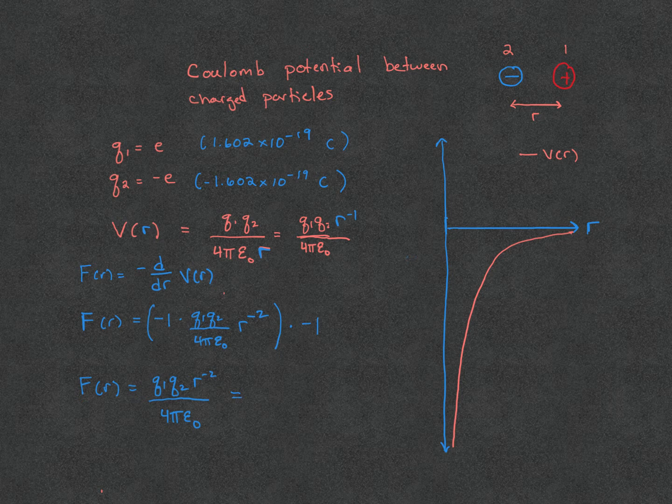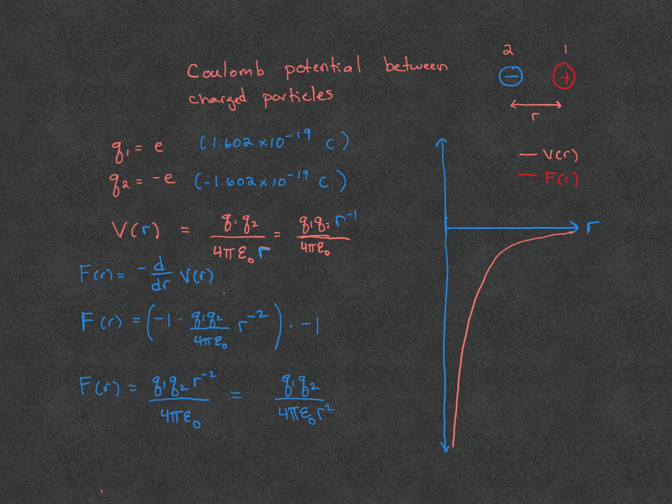So this is my Coulomb force, and probably more traditionally written like so: q1 q2 over 4 pi epsilon naught r squared. So that's the Coulomb force. Let's draw this Coulomb force on top of our Coulomb potential. It has the same limiting behaviors, it just goes there faster.